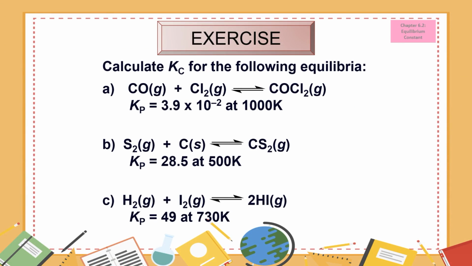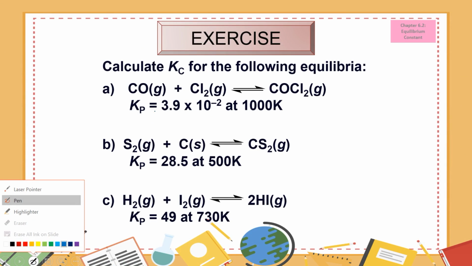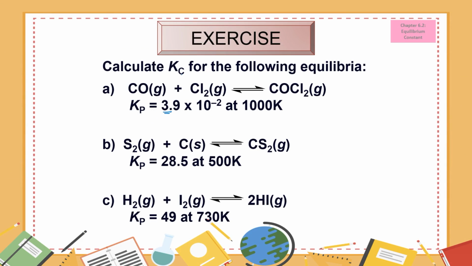These are examples of calculation. Given Kp, we want to find Kc. Calculate, meaning there is no need to derive, so just use the formula Kp = Kc(RT)^Δn. Kp is already given and Kc we want to find out. R is 0.08206 and the temperature is already in Kelvin.